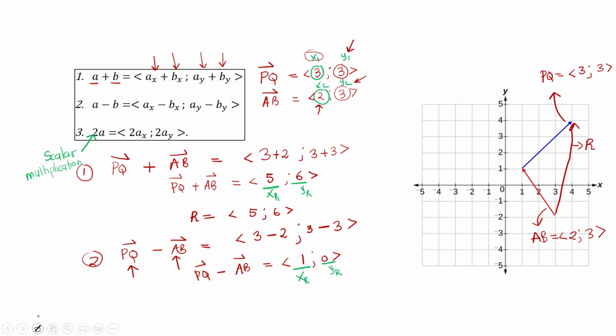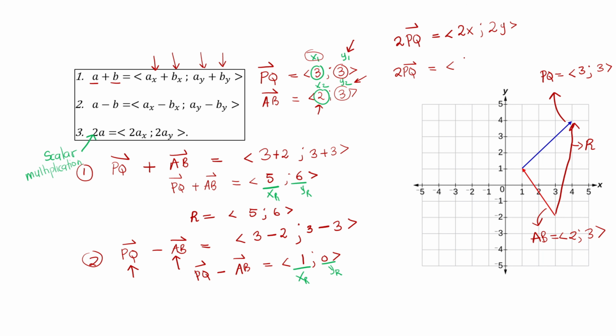For example, if I want to multiply the vector PQ, if I want to find 2PQ, I want to find what my vector would change to if I multiply it by 2. I would just have to multiply its components by 2. I have to multiply the x component by 2, and the y component by 2 as well.